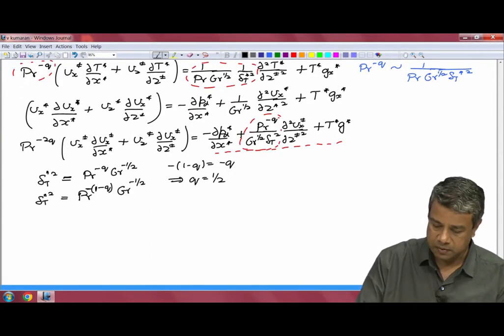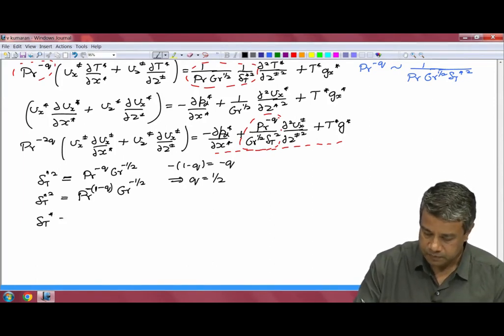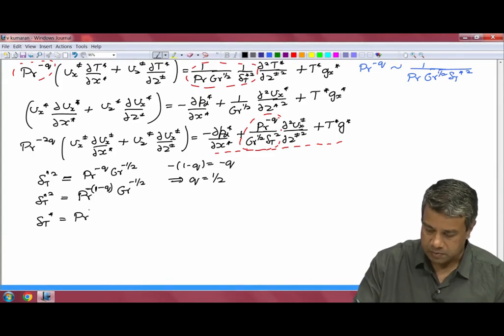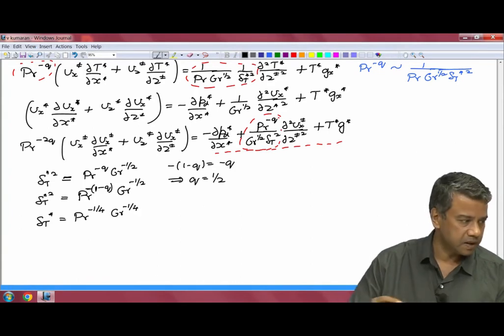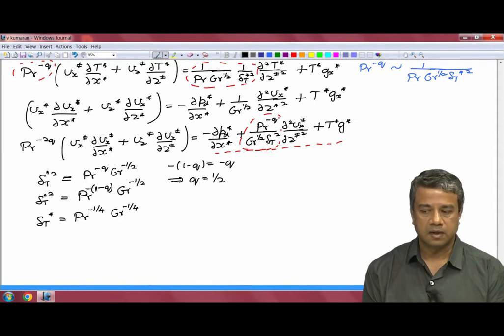And if Q is equal to 1 by 2, we get that delta T star is equal to Pr to the power minus 1 by 4, Gr to the power minus 1 by 4. So, that is the relation we get for the boundary layer thickness in this case, where the velocity is small.